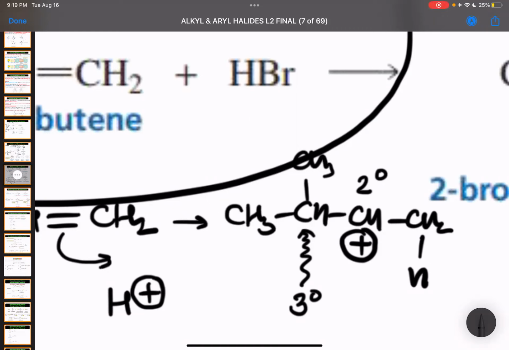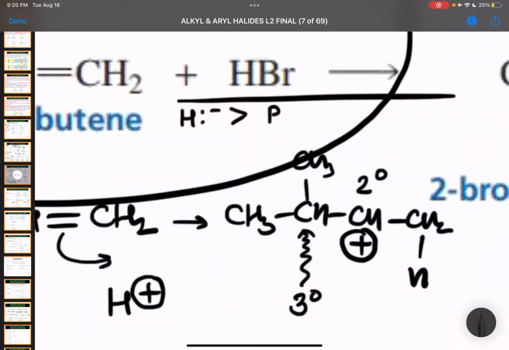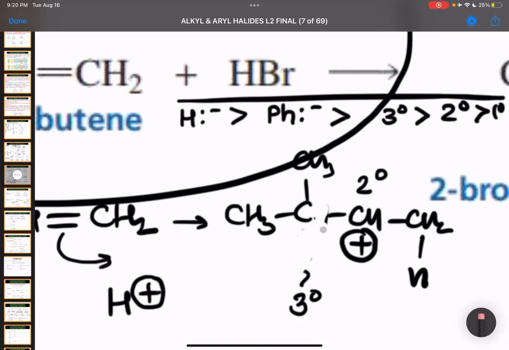Okay, so actually this will be as per migratory aptitude. The migratory aptitude of H is maximum, followed by phenyl, followed by tertiary carbon, followed by secondary, and followed by primary. So on the adjacent carbon, I will write once again how many groups you have.